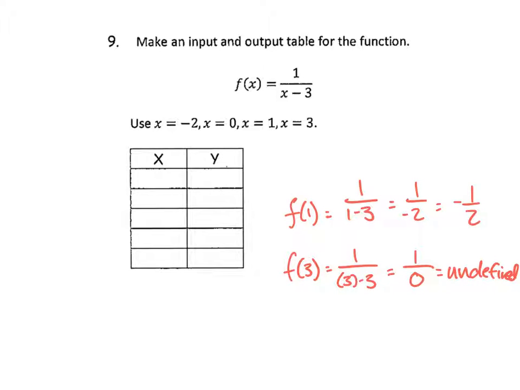Okay. So, negative 2, 0, 1, 3, negative 1 half, undefined. What were my first two answers? Negative 1 fifth and negative 1 third. Okay.